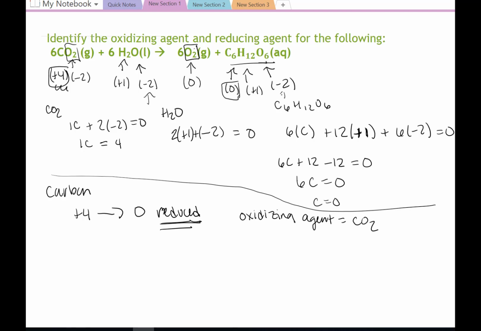See, it's negative 2 and negative 2. So we're just going to deal with this one. So oxygen is going, on the left-hand side, from negative 2, and it becomes 0. So this means it's becoming oxidized because it's increasing in number. So therefore, our reducing agent, as it has to be on the reactant side, is going to be our water.